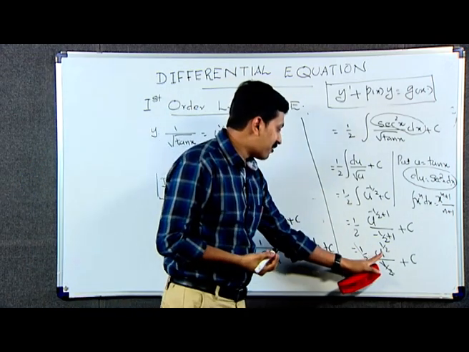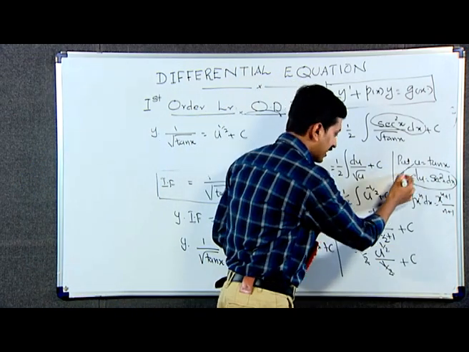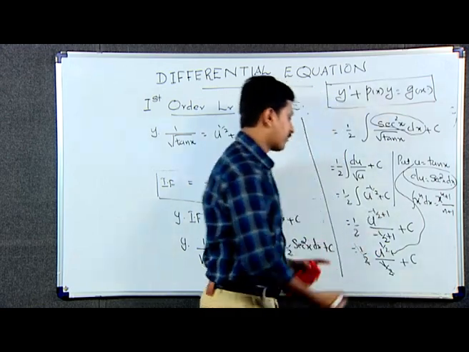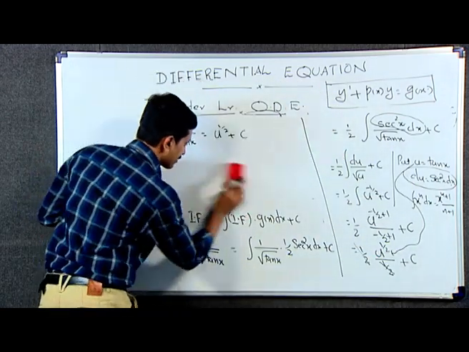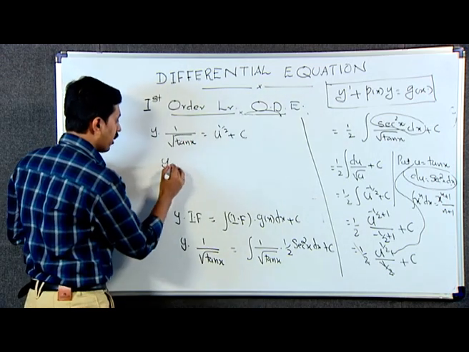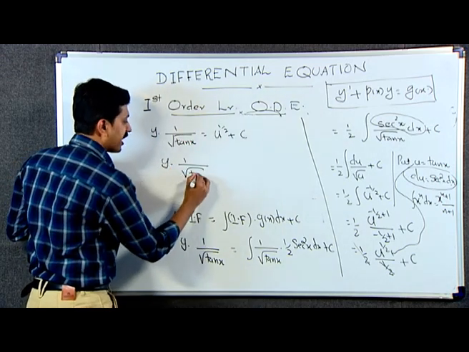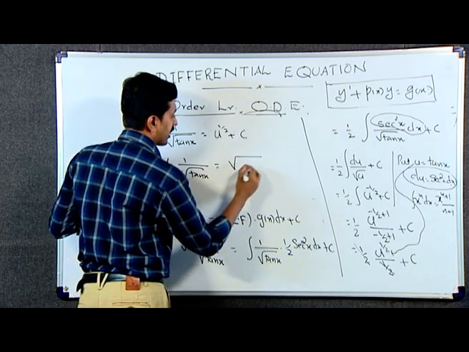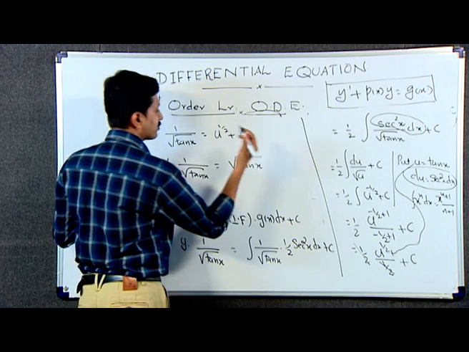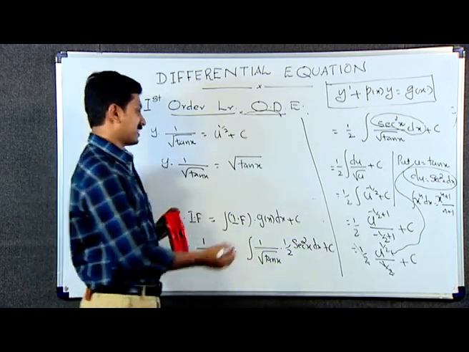We applied u as tan x, so we can replace u by tan x. Therefore, y into 1 by root tan x is equal to root of tan x, whole raised to 1 by 2, that is root of tan x plus c.